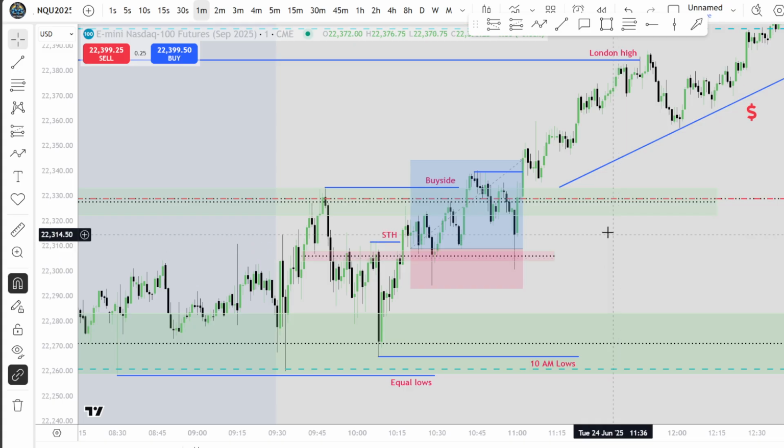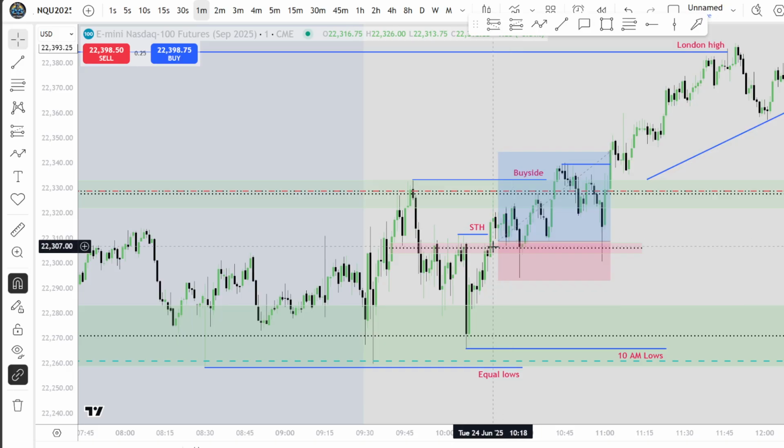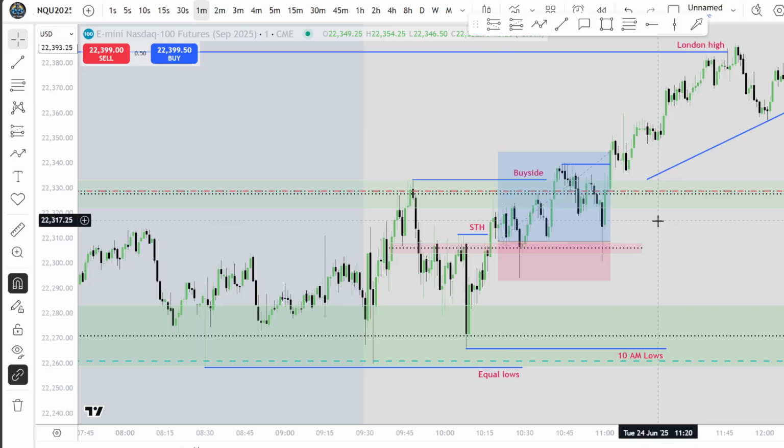When I was in this session, I didn't find anything that I liked. This was just too messy, and even though this was a silver bullet and I was bullish, we had Powell talking and testifying, and I just didn't feel good about it, which I think is the right thing to do when we have those large range days and large range sessions.